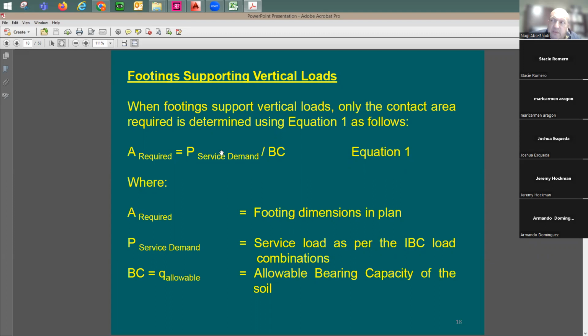Actually, when you do soil design, it's going to be ASD design. There are no load factors, the 1.2 and 1.6, and also 1.4 times dead load. They're not going to be included here. So all you need to do is just add dead load to live load divided by the allowable bearing pressure of the soil. And with that, you get the minimum contact area of the footing in terms of the plan view, length by width.